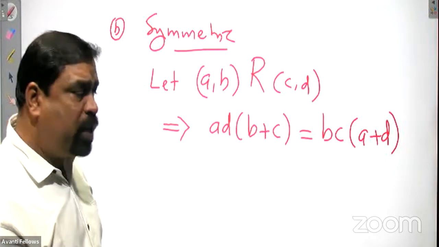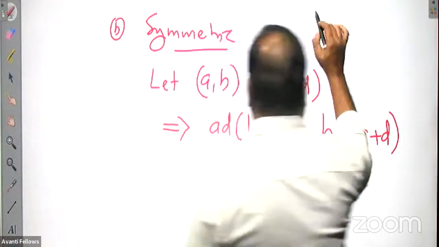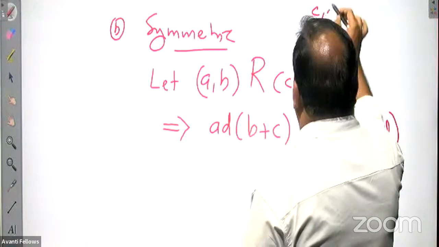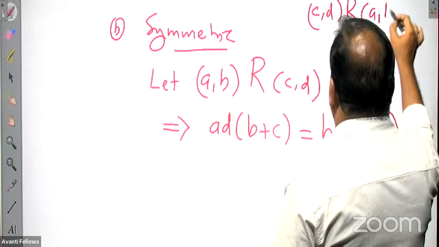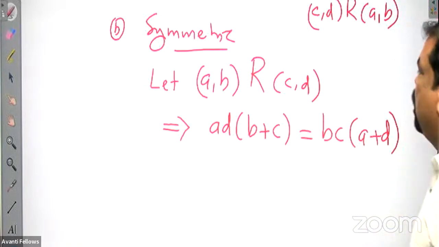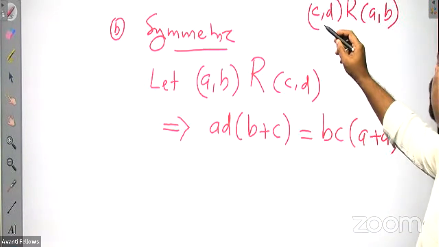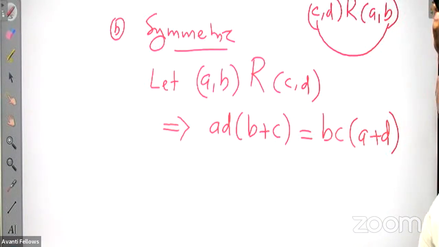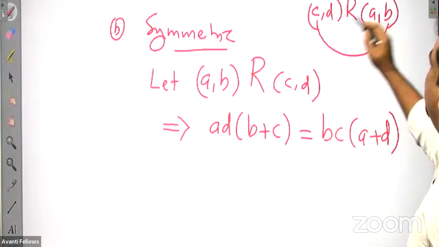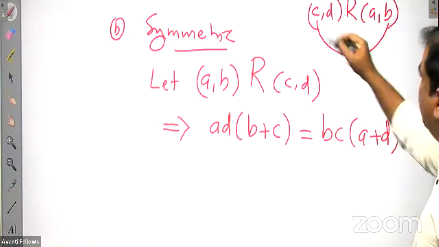Actually, what we have to prove, that also we have to see. We need to prove that (C, D) is related to (A, B). For that, what is to prove? CB into (D + A) equals DA into (C + B).